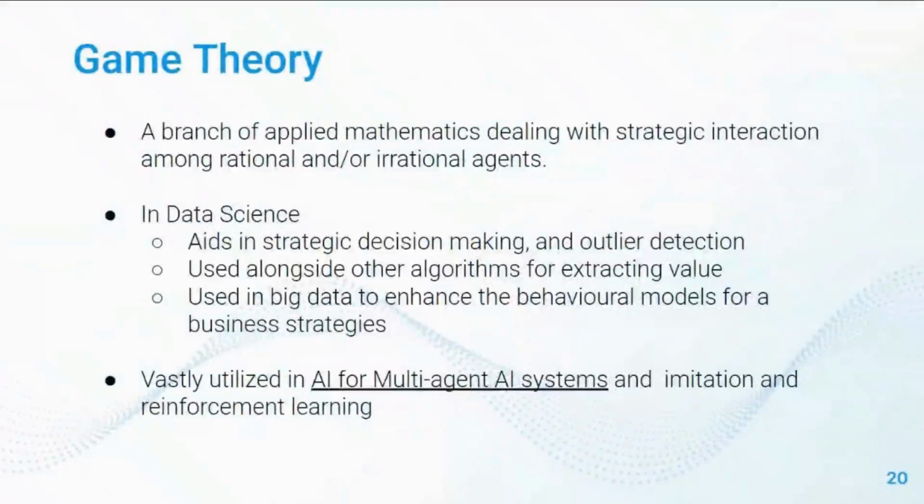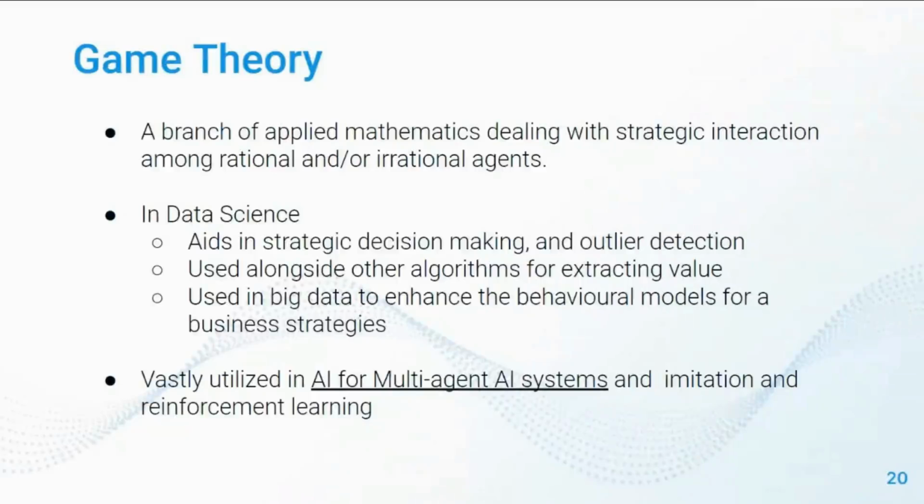So now for the second segment, game theory. This is a branch of applied mathematics which deals with strategic interaction among rational or irrational agents. Agents are basically parties involved in a game. In data science, it's not that vastly used per se, but it aids in strategic decision-making and outlier detection. Decision-making is for the supervised learning methods, and outlier detection is very important for unsupervised learning.